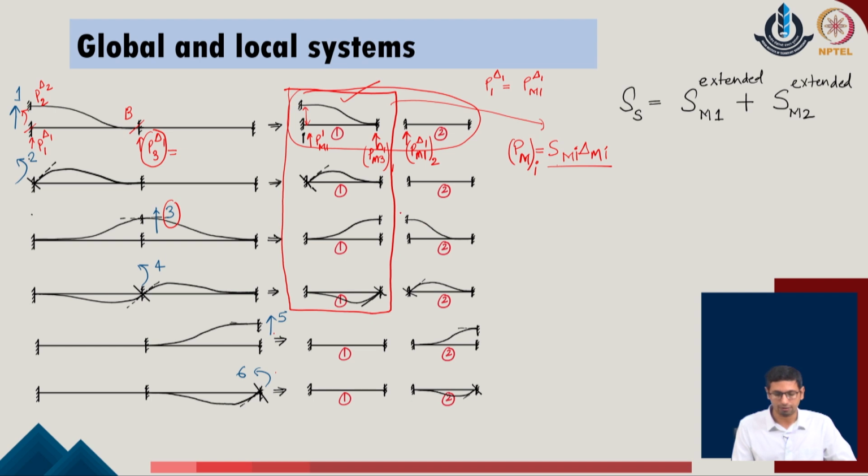But we also realize that we have member 2 also, which is contributing to the deformation by its own set of 4 similar deformed shapes. So, I can also write the contribution for member 2: P of m corresponding to member 2, S m 2 which is the stiffness matrix for member 2, and the delta m corresponding to member 2 of the given system.